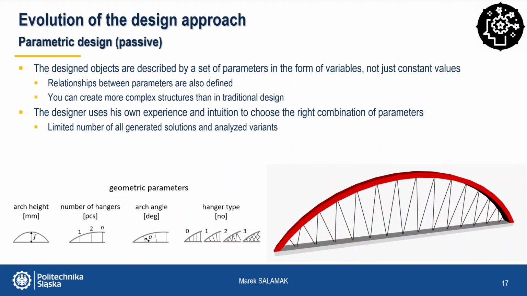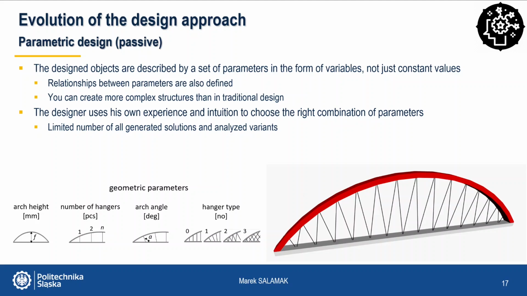The simplest improvement that can be applied, even using CAD techniques and certain BIM methodology, is the algorithmic approach. The design objects are described using a set of parameters in the form of variables and constant values. By defining relationships between parameters, it is possible to create more complex structures than in traditional design.